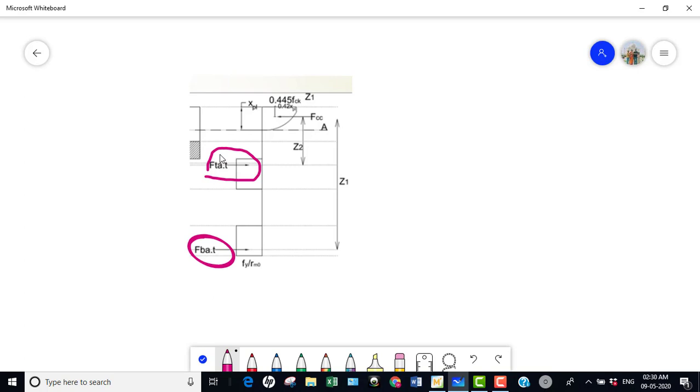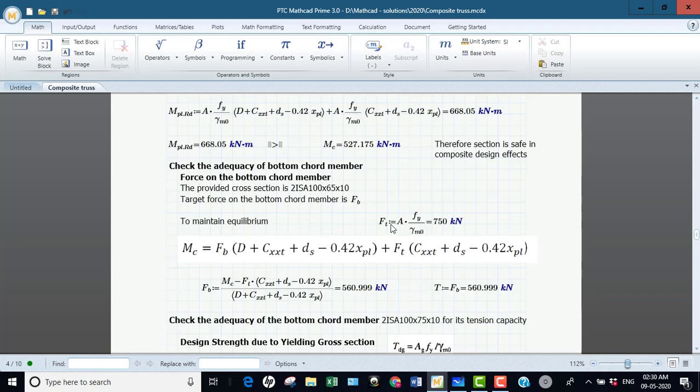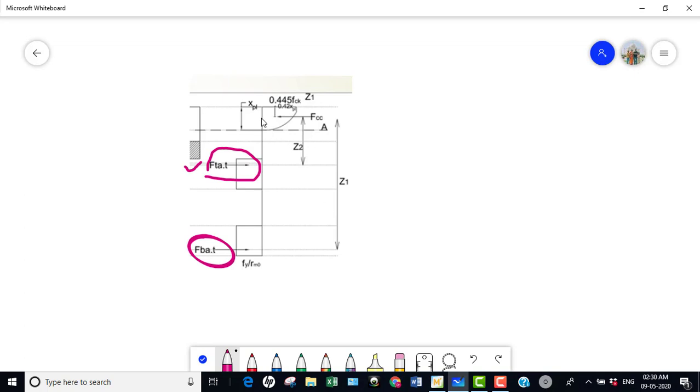Here I already defined the size of the top chord, from which I calculate the capacity of my top chord, because I am assuming yielding capacity under tension, area times stress. Taking this as the consideration, I am establishing the equilibrium condition by taking moment about this point. So my moment in the composite stage is equal to C. Taking moment of these forces, I will get the resistance offered by the tension region of your truss.